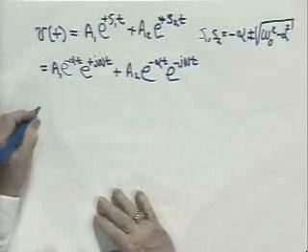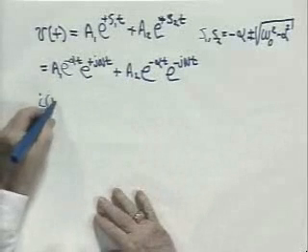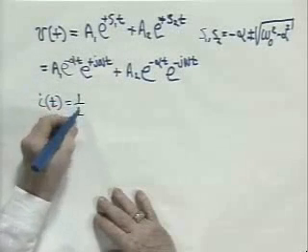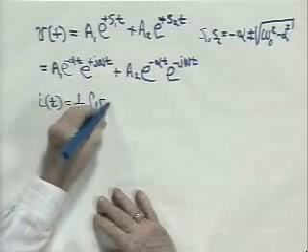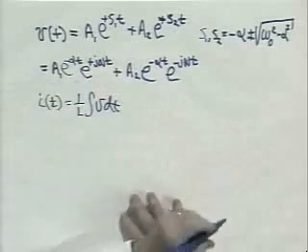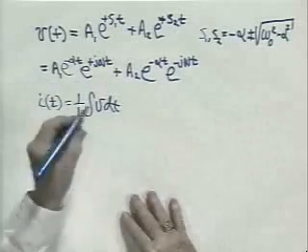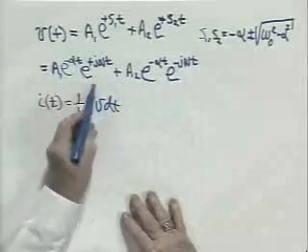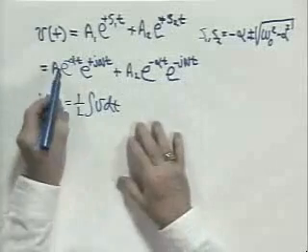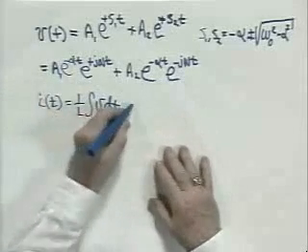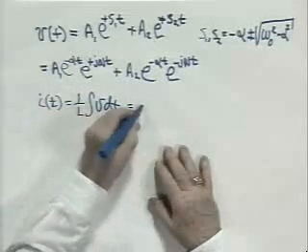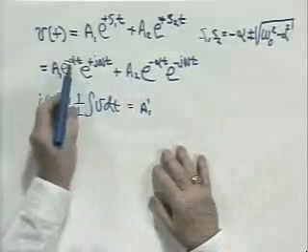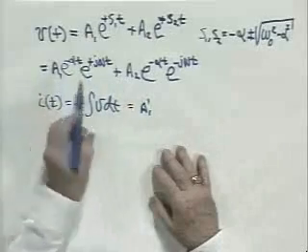The current in the inductor, I of t, is 1 over L times the integral of V dt. I can integrate this readily, and I end up with an expression which has the same kernels. That is, the current expression will have some coefficient, I'll call it A1 prime, which will be a complex number now, because I bring out a 1 over j omega when we do the integration.